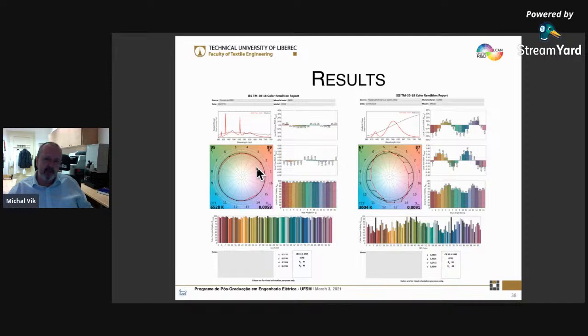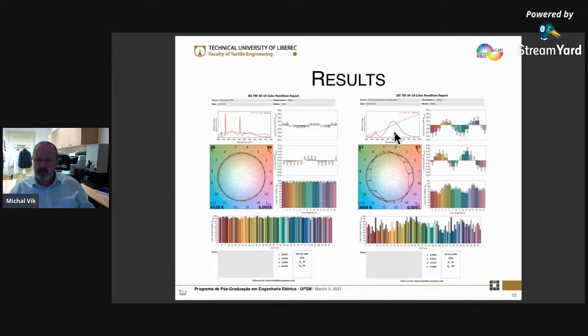This graphic allows you to understand how different your tested light source is in comparison to the reference one. For example, here you can see quite high similarity in color rendering for this tested light source, which is a daylight simulator based on fluorescent tubes, typically F7 from the CIE nomenclature, against the spectrum of daylight.